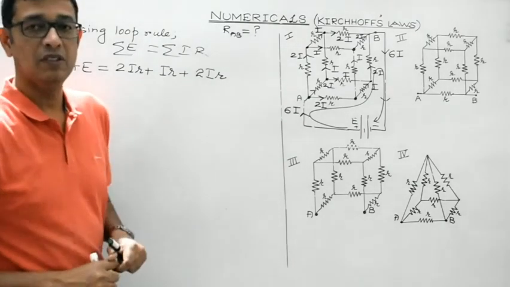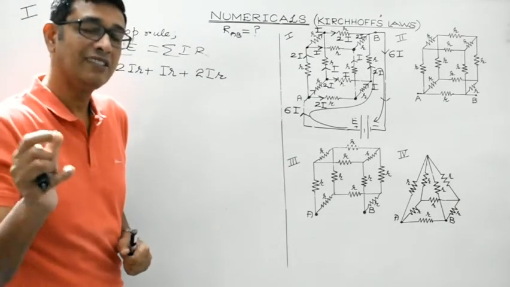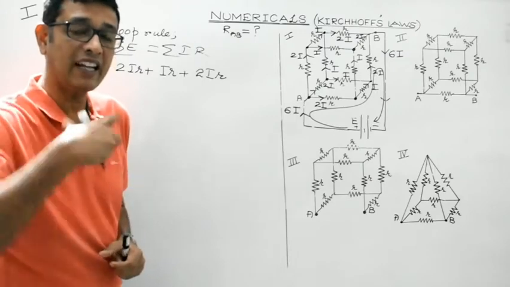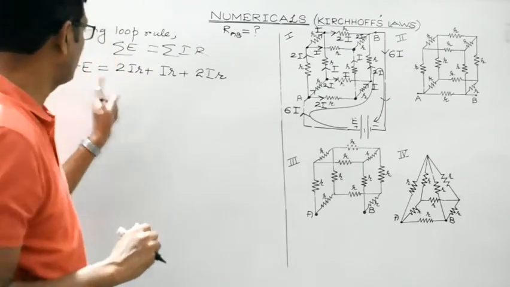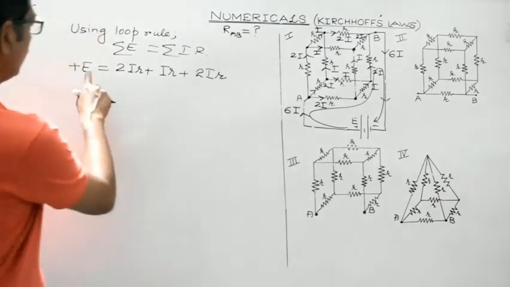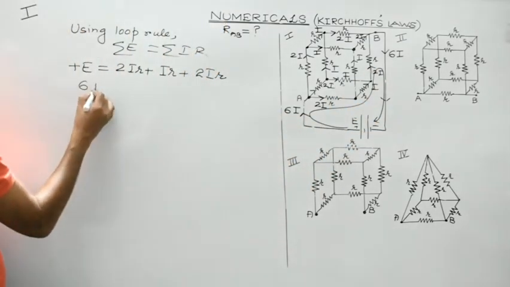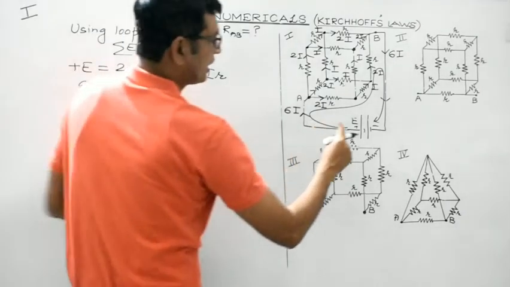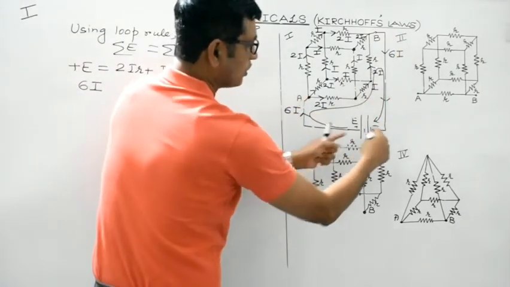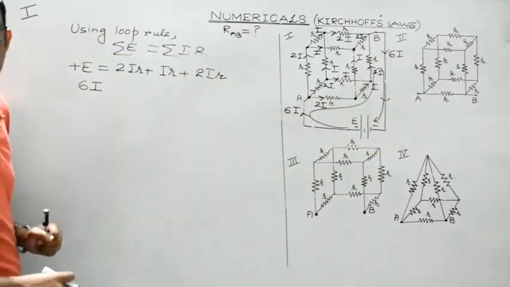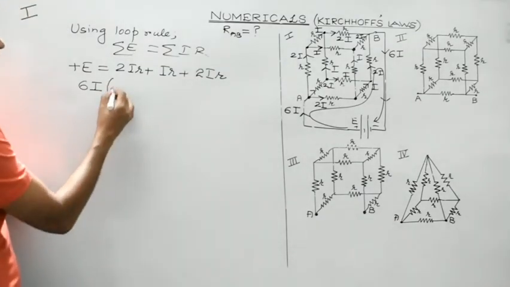Now students, EMF is the net current multiplied by the net resistance between those 2 points where the EMF is applied. What is the net current? The net current flowing through the circuit is 6I. What is the effective resistance between A and B across which this EMF is included? That is RAB.